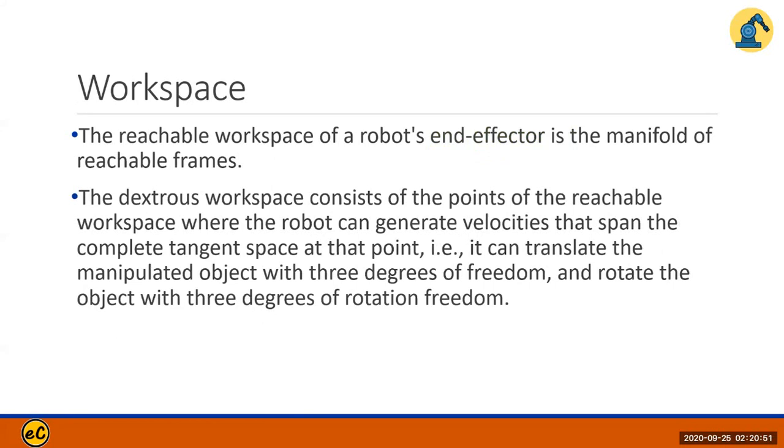Workspace. In the design of the robot, you need to take care of the degrees of freedom so that you can have good manipulation. Then you need to know about its workspace. The workspace defines how far the robot can reach and how it can pick up something and place it somewhere. The dexterous workspace consists of the points of the reachable workspace where the robot can generate velocity that spans the complete tangent space at the point.